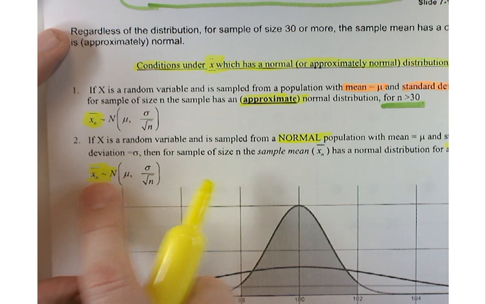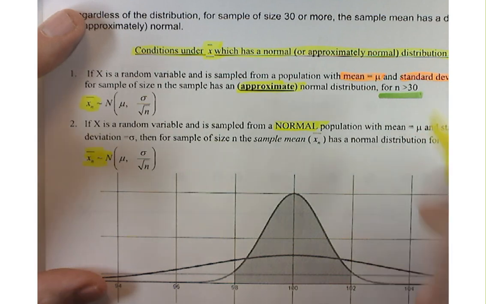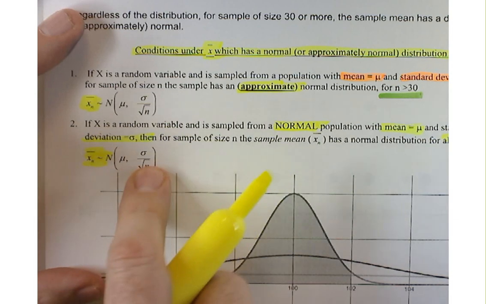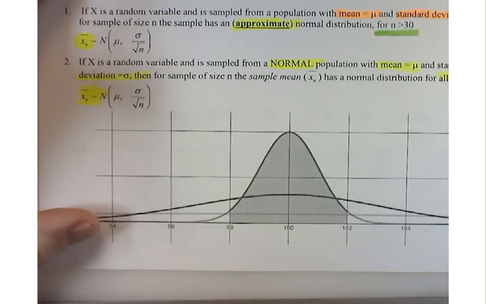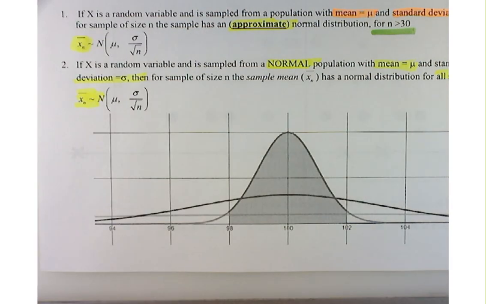Likewise over here, if you started out with a normal distribution, it's going to have the same mean that you started out with, mu, and standard deviation is going to become sigma over the square root of n. So one way or another, x bar is going to have a normal distribution as long as your sample size is large enough.